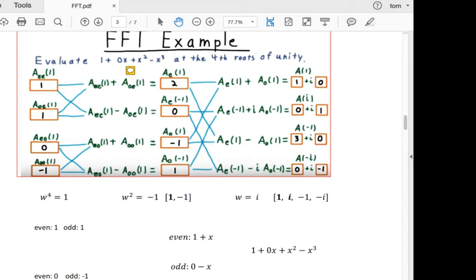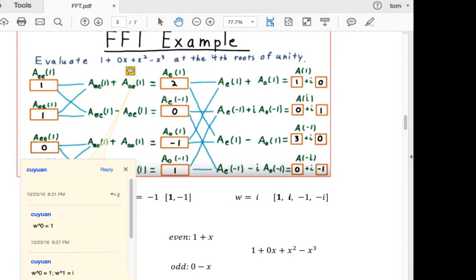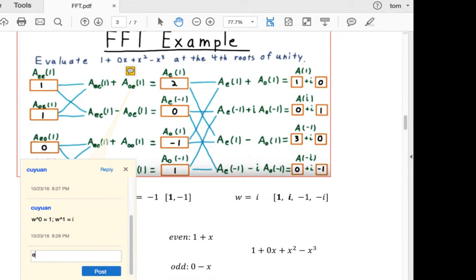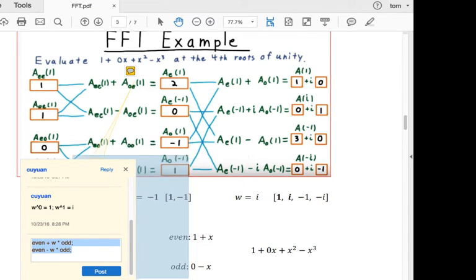The formula is always even plus omega times odd, and even minus omega times odd. Yeah, it's just keep using these formulas. It's nothing very confusing, I think.